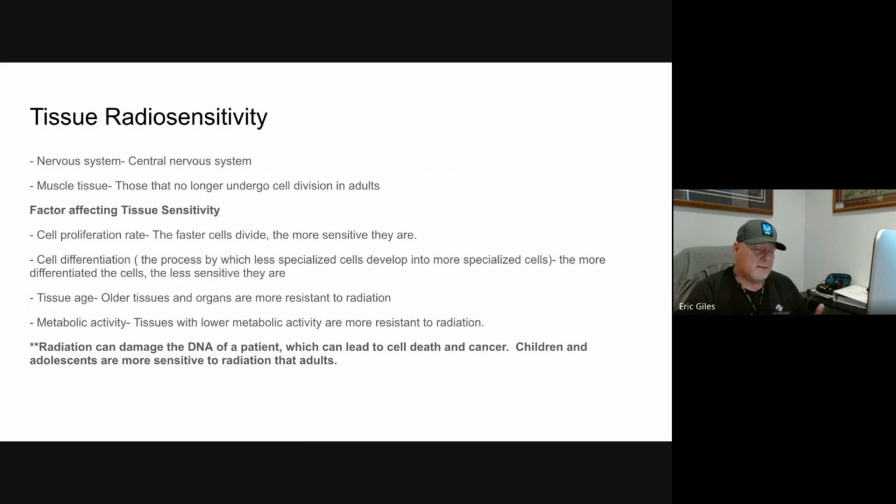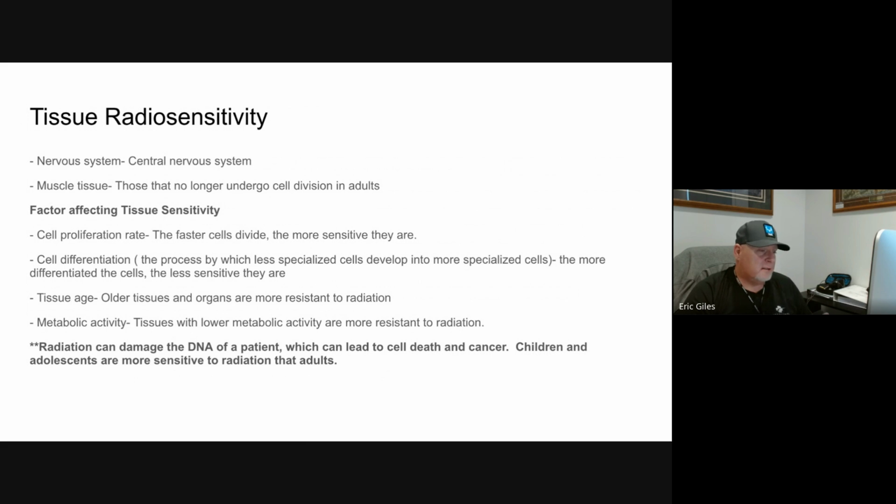The more differentiated the cells, the less sensitive they are. Okay. Tissue age, older tissue and organs are more resistant to radiation. So we say resistant, not sensitive. So the older your tissues are, the less sensitive they are. Okay. Metabolic activity, tissues with lower metabolic activity are more resistant to radiation.